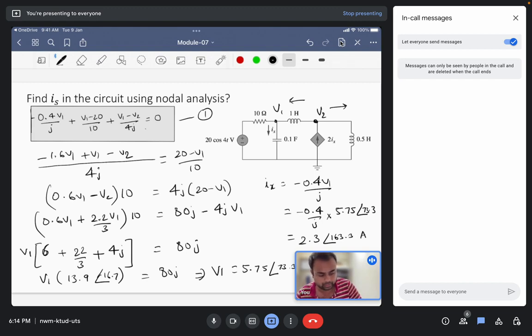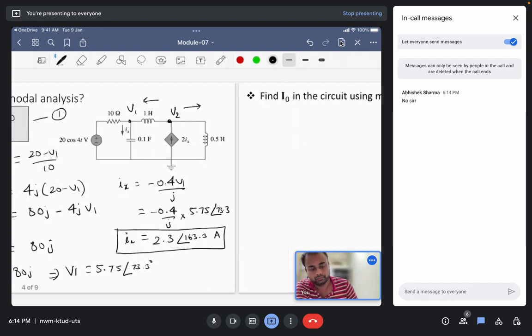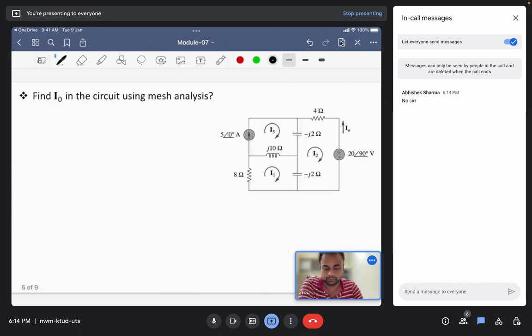So this is in amperes. So we have found the current Ix flowing through the capacitor. So if you have any doubt regarding this problem, you can ask. So we have found Ix for the given circuit using nodal analysis. Okay, so let us move to the next problem.